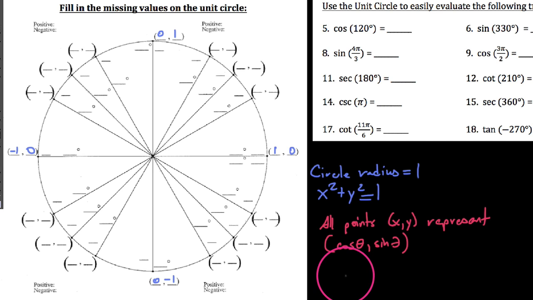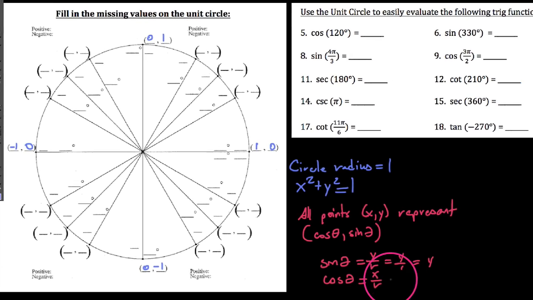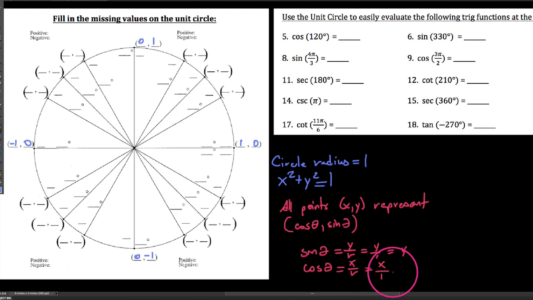This is very true because when we did the sine of our angle, we got y over r, but with the radius of 1, we get y over 1, which is really y. Same thing with cosine: the cosine of our angle is x over r, and since our radius is 1, it's x over 1, so we really get x. So you can see that the x value really is the cosine of that angle, and the y value really is the sine of that angle. The profound thing about the unit circle is that it literally tells us both the cosine of the angle and the sine of the angle.